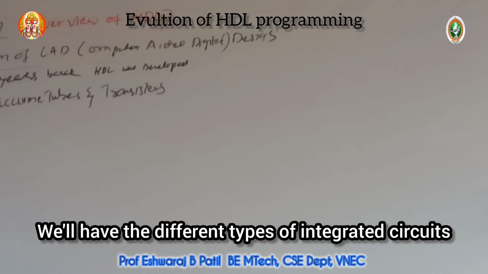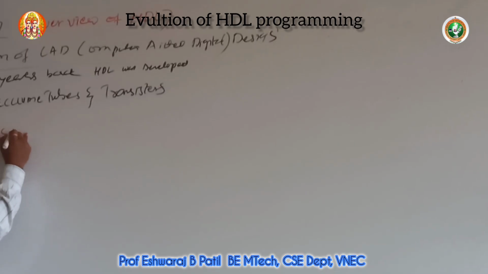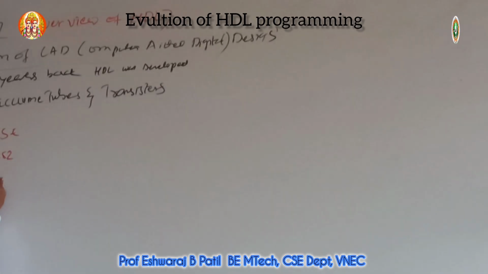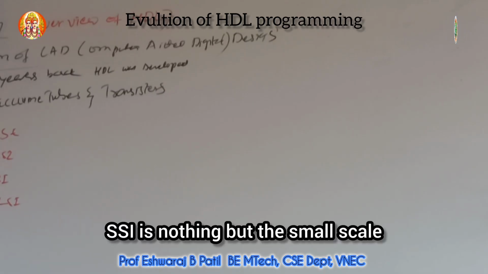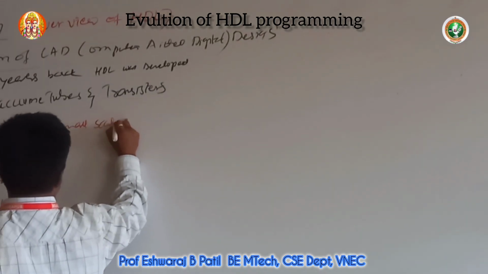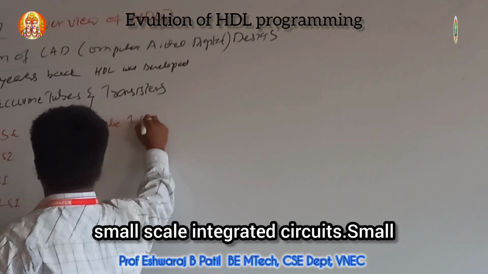We have different types of integrated circuits. First one is SSI, second is MSI, third is LSI, fourth is VLSI. SSI is nothing but small scale integrated circuits.